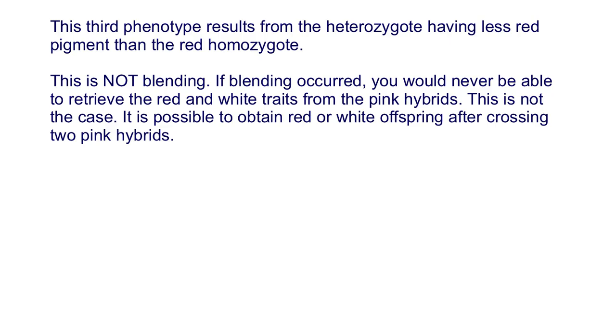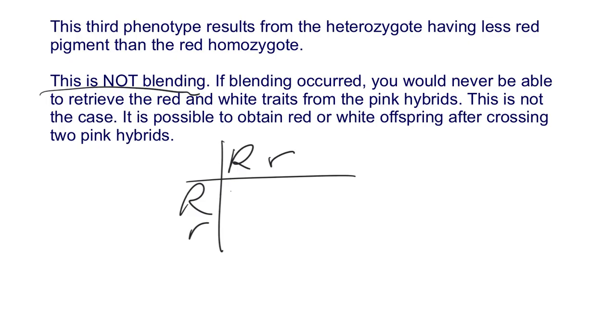Now, they're saying this is not a blending. Well, they mean like paint. If you mix white and red paint, it'll make pink, and you can't separate the white and red from it later. Whereas if you had 2 pink roses crossing, you will get some red and some white offspring. Let's just do one. What if you had 2 pinks crossing?